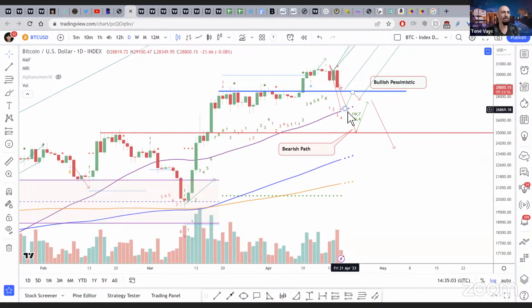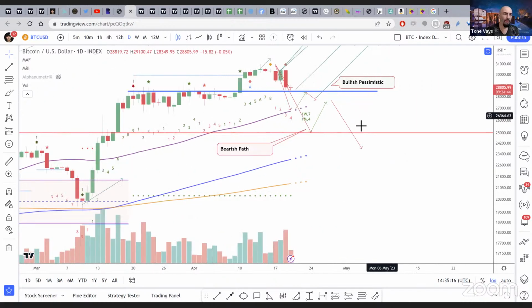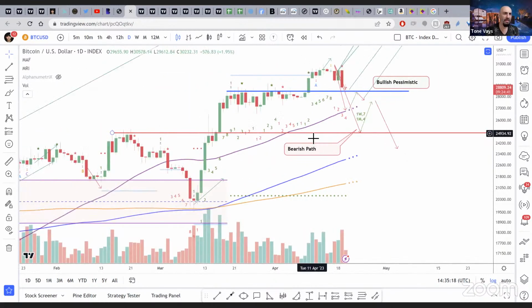I'd give that a slightly greater than 50% chance, like a 55% chance. But I don't really want to see us go further. If we go down here, it's okay. It's not the end of the world if we go all the way to 25K, but I don't want to see us go below 25K.